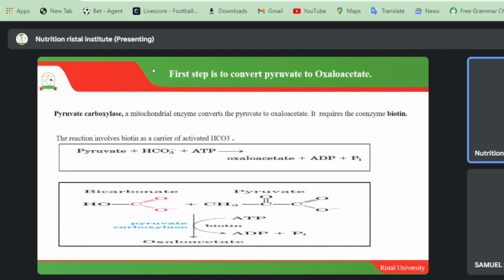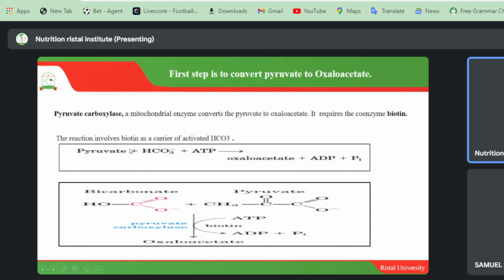Above is a reaction that shows that pyruvate reacted with hydrogen carbonate gives us oxaloacetate and ADP, and this reaction utilizes energy to add a carbon from the hydrogen carbonate to pyruvate.